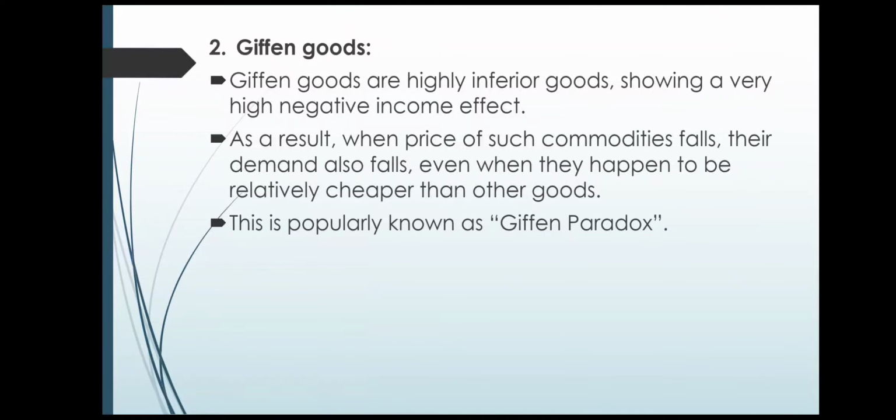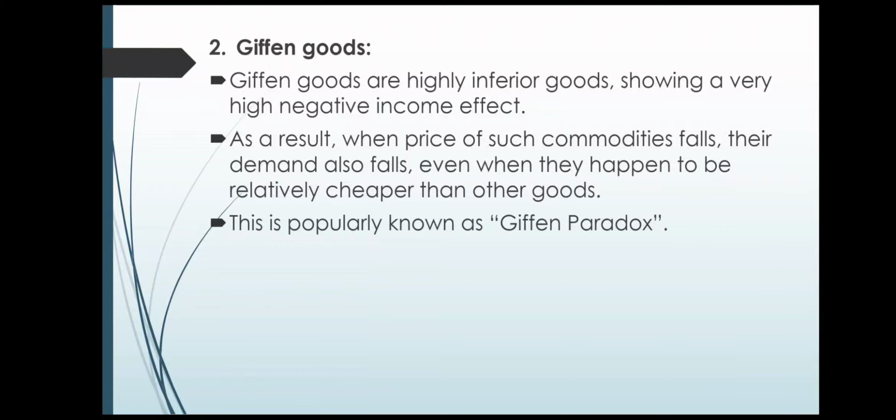So Giffen goods were highly inferior goods, and the individual who identified this particular trend, this paradox, his name was Sir Robert Giffen, and he observed that in early 19th century, when the price of bread increased, people used to cut down their expense on meat, and they used to intake more of bread.